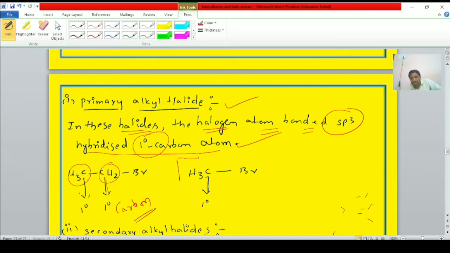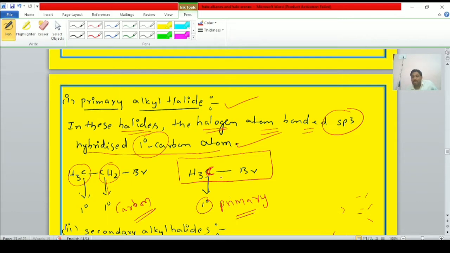Now some special example, student. CH3Br. In this compound, this carbon atom is not bonded to any other carbon atom, even though it can be called a primary carbon. That's why in some competitive books, it is given that even with no carbon attached it can be considered a primary carbon.